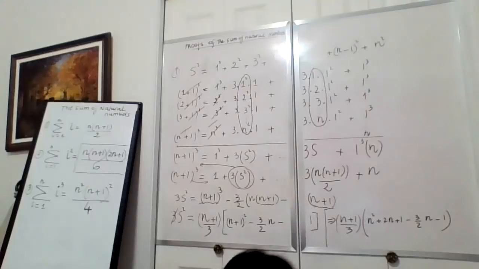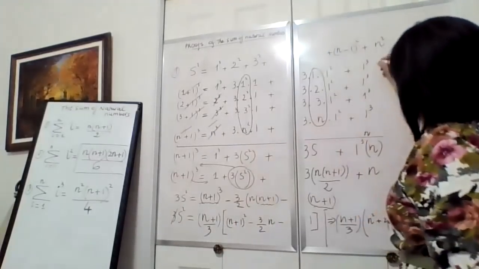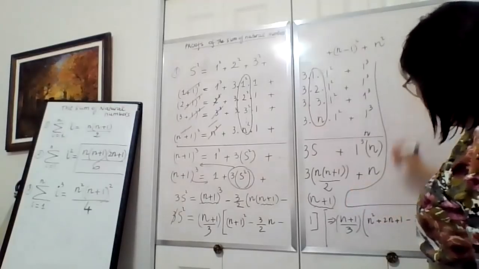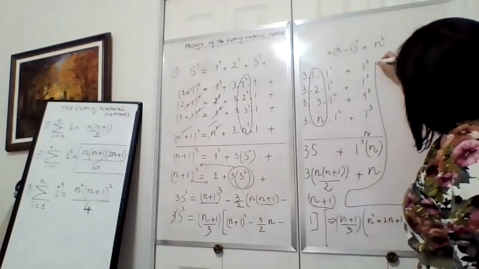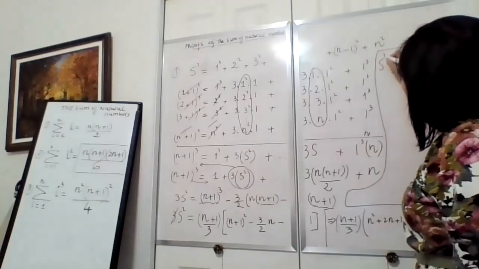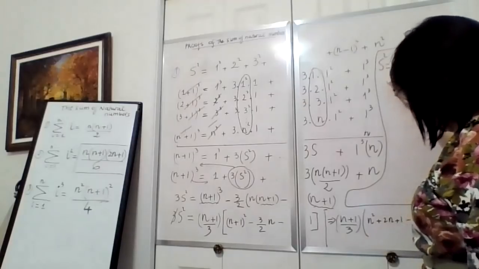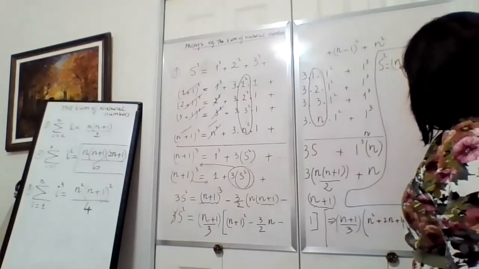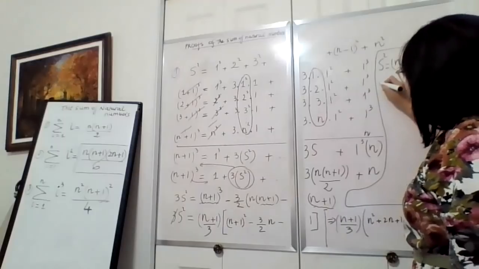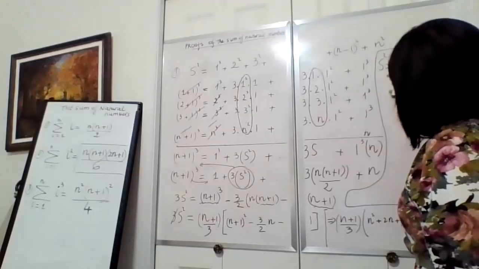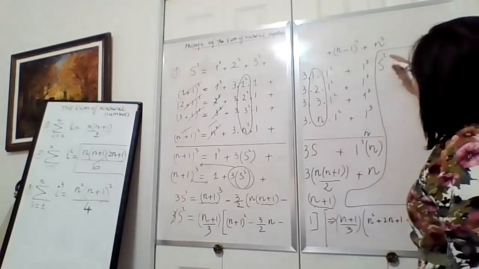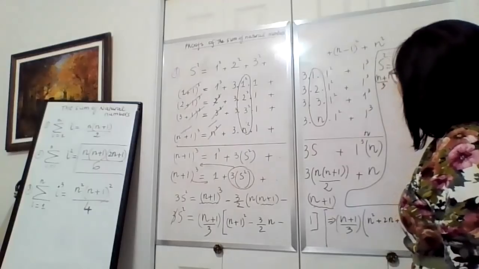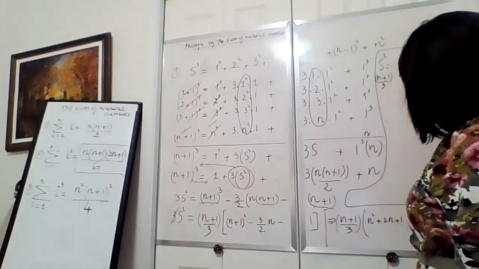Okay, so now I'm going to have to bring it up to here because I don't have room. So we have s squared equal n plus 1 over 3. And you know what? Let me put it down here so that you see it. n plus 1 over 3, right?